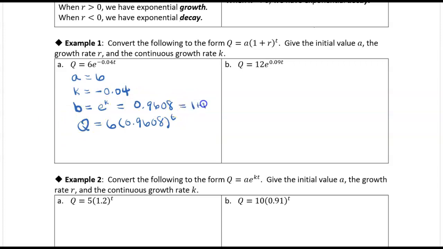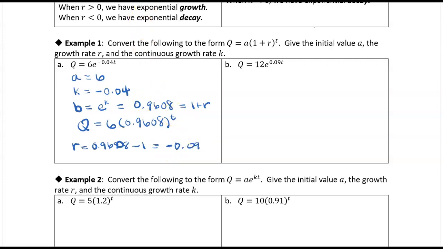Okay, and my r value then. Remember, b is equal to 1 plus r. So in order to get r, I have to subtract 1 from b. So r is equal to 0.9608 minus 1. Okay, so my r value is minus 0.09.